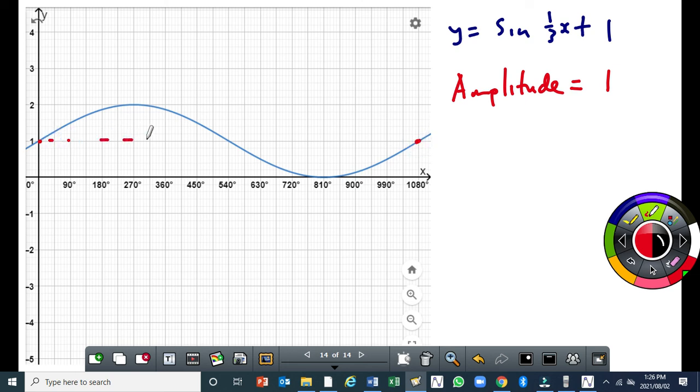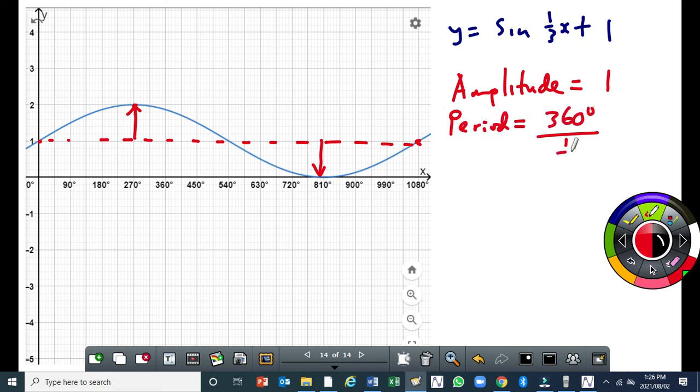This is the equilibrium position. That's the equilibrium line. And this height here, that's your amplitude, and that height is going to be 1 unit. The period is going to be 360 degrees over 1 over 3. And the final answer will be 1080.